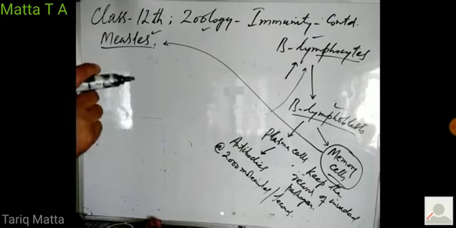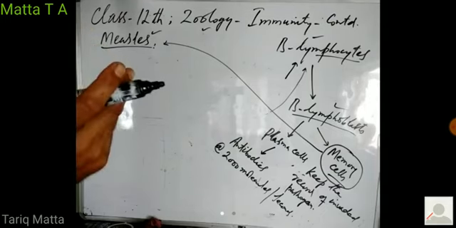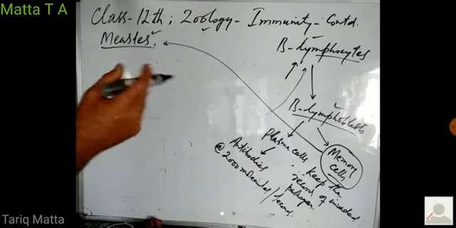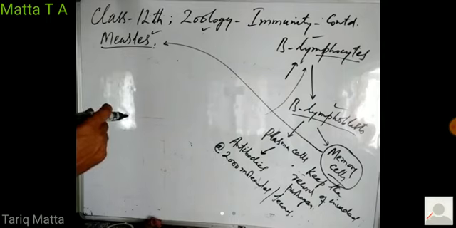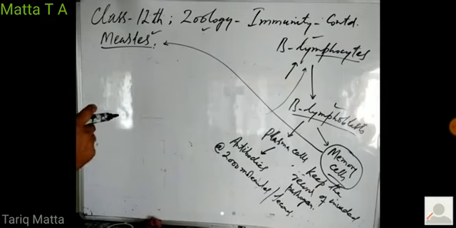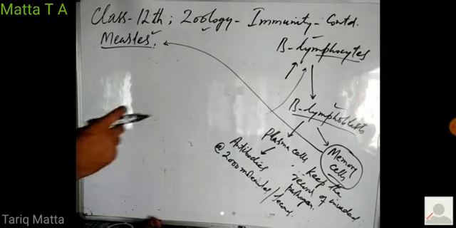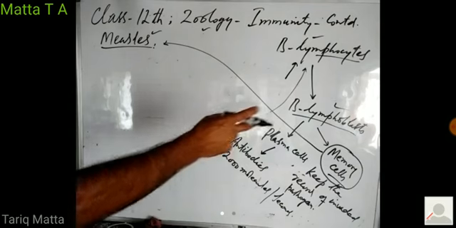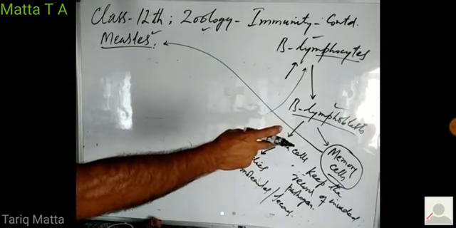But there are some pathogens against which memory cells work only for a limited period of time. As I told you, against tetanus these memory cells remain in effect only for 3 months. So if we are infected by Clostridium tetani, antibodies and memory cells will be formed against the tetanus bacterium.